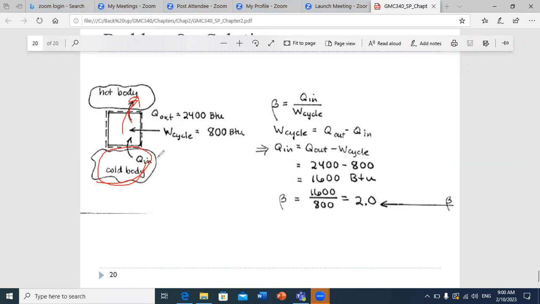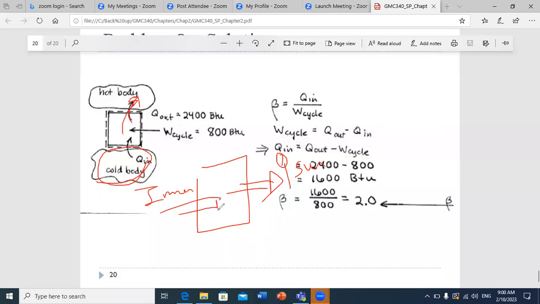So what should we do then? We have the inner space and the outer space. I thought the value they gave us was the one we took from the inner space, but no, they just gave us the Q we rejected to the surrounding. So we should find the Q taken from the inner space.